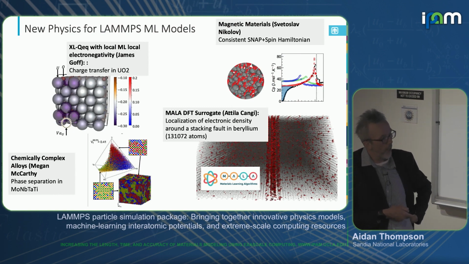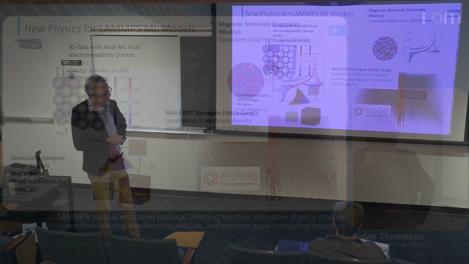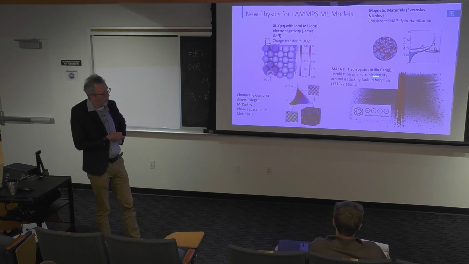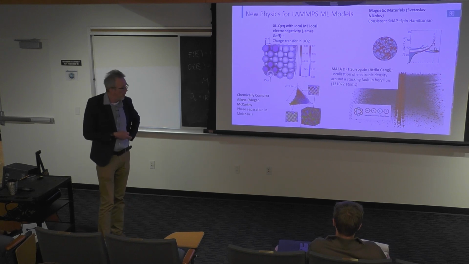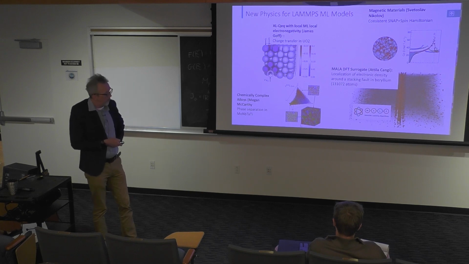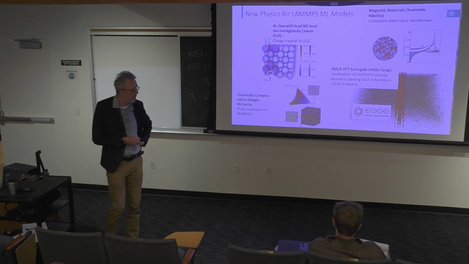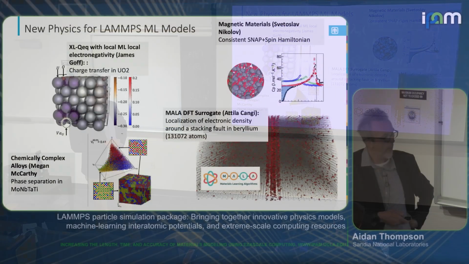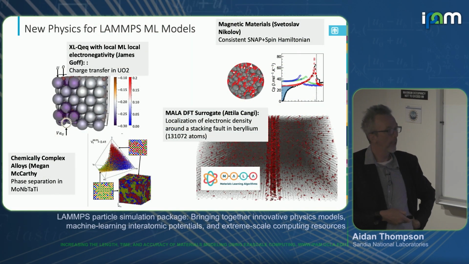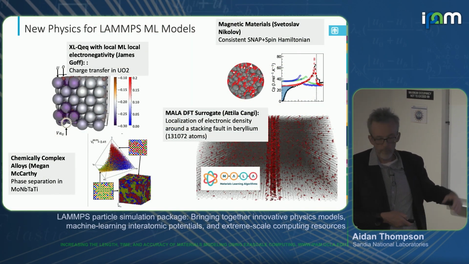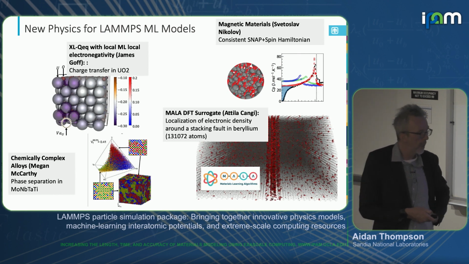Shown right here is what happens in a very large system. We of course train on very small systems, but in a very large system, 131,000 beryllium atoms, HCP, we took 3 planes of atoms and shifted them one lattice spacing, so we created a stacking fault. And the color map shows how much the local electron density changes from the pristine crystal to the stacking fault.